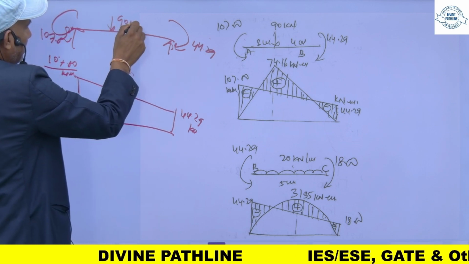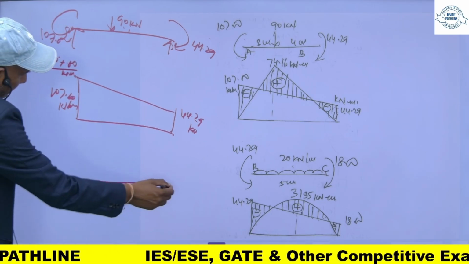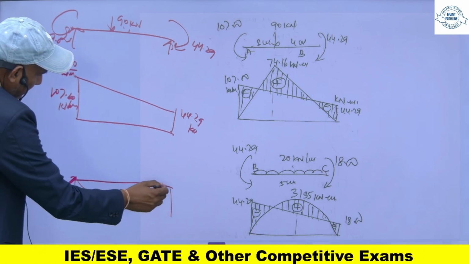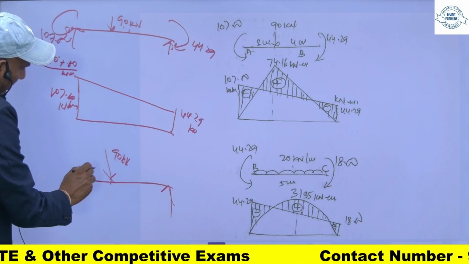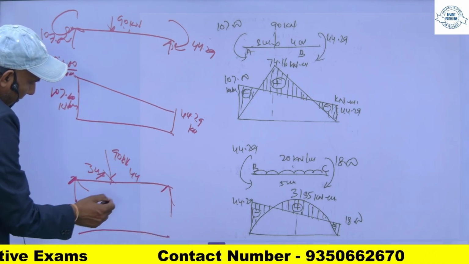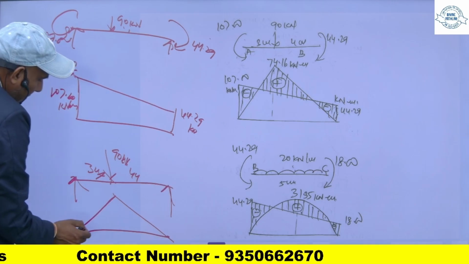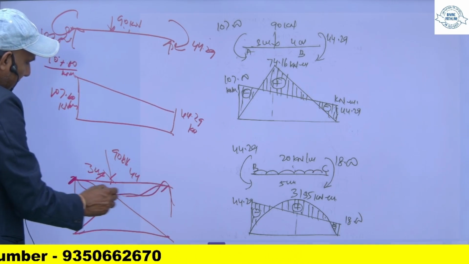So this is 90 kilonewton. So you treat it as a simply supported beam. This is 90 kilonewton. This is 3 meter and this is 4 meter. If you plot the bending moment diagram, it will be something like this. And it will be sagging because it will deflect like this.